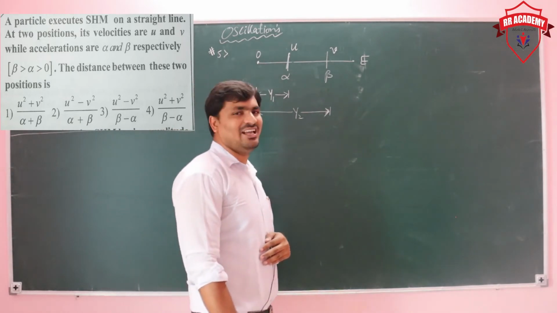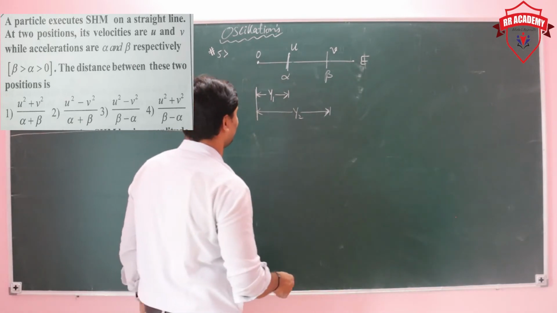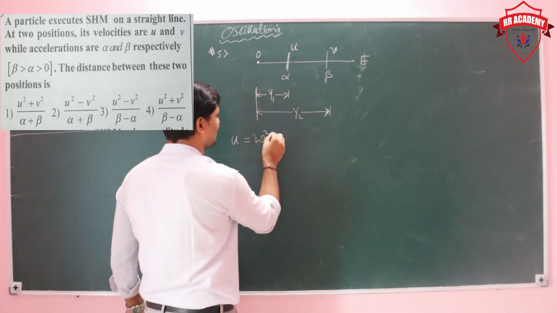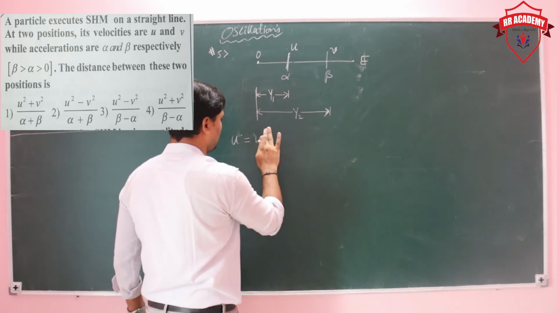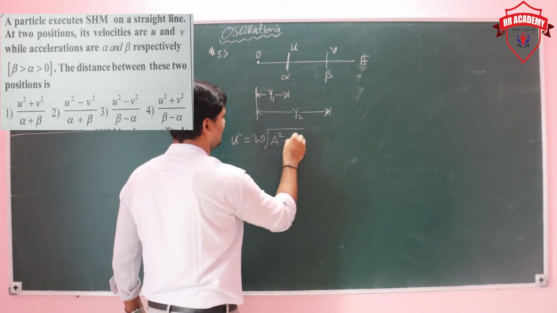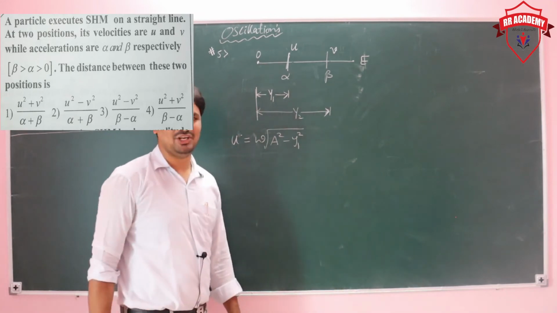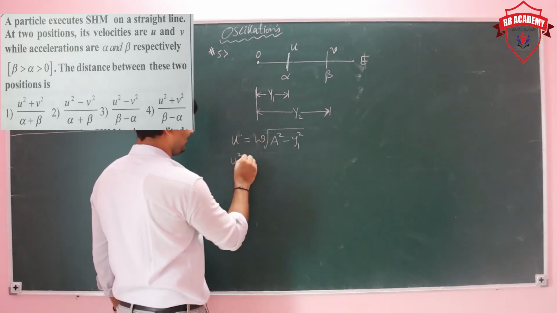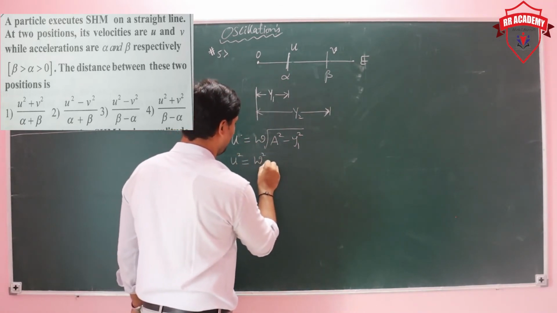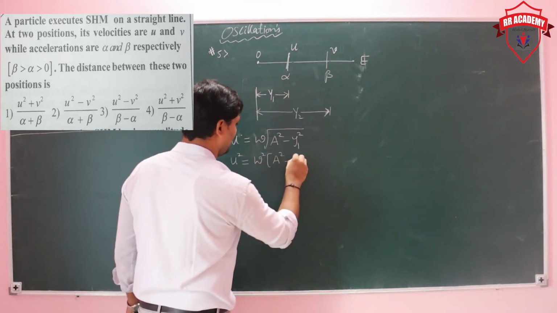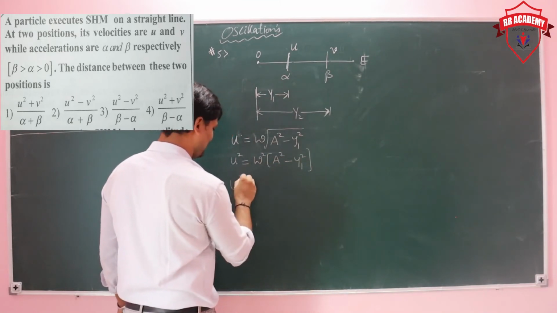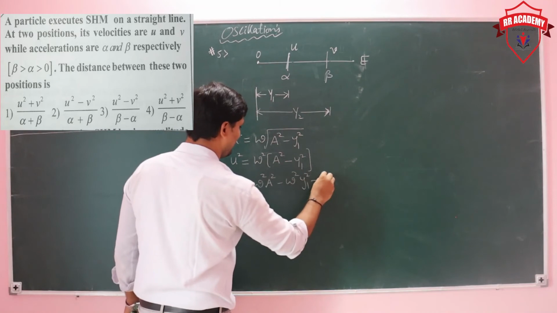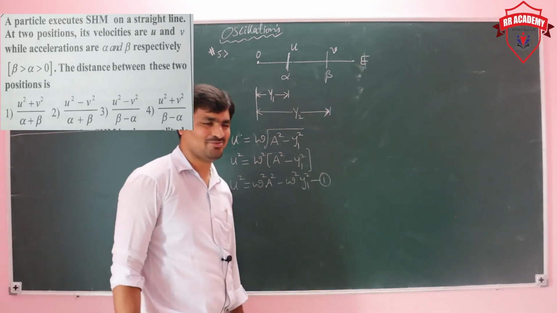Now we write the equations in terms of velocity. u is equal to omega into under root a square minus y1 square. What is a? Amplitude. What is omega? Angular velocity. Taking squares: u square equals omega square a square minus omega square y1 square. Keep it as equation 1, the velocity of the first particle.